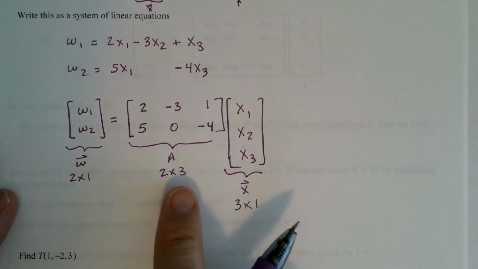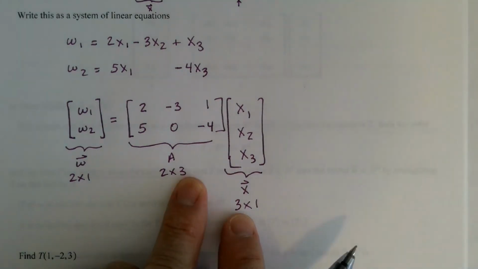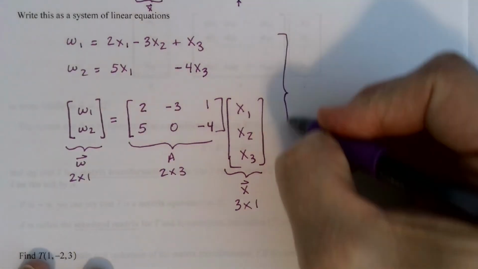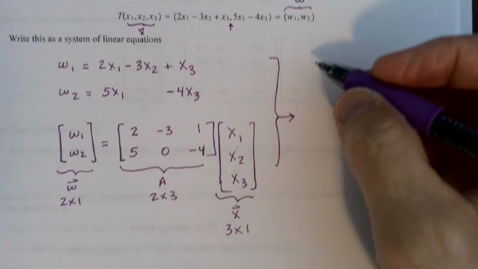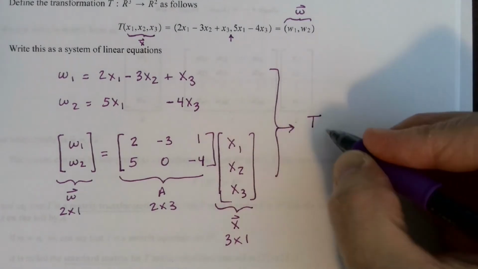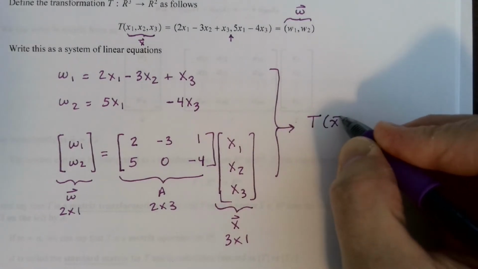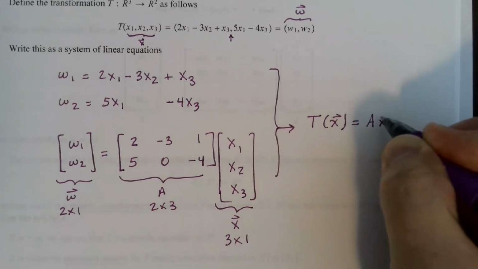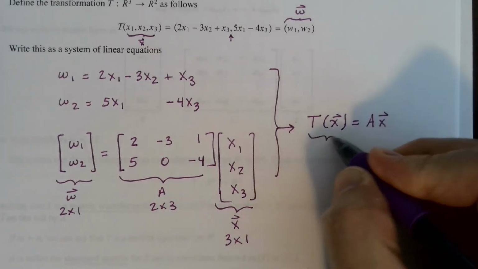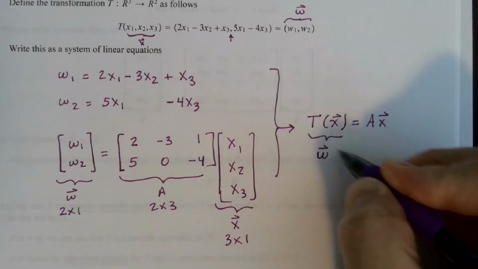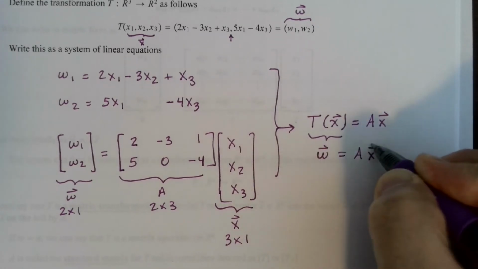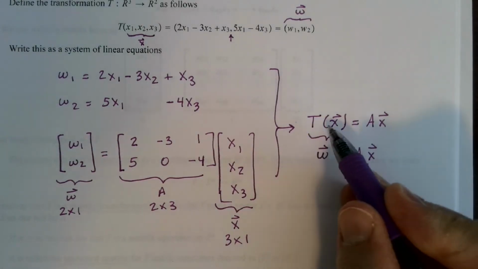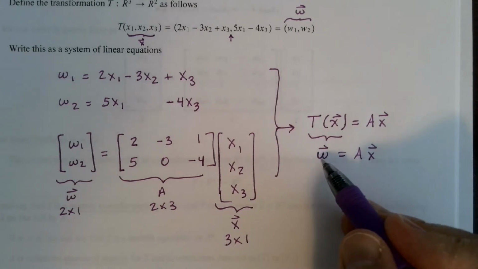So if I do this multiplication, these numbers again match. The resulting product is 2 by 1. And so this allows us to talk about this transformation up here as just T of x equaling just Ax, right? And T of x here I'm calling the vector w. So w is equal to Ax. There's sort of two ways, like the f of x notation. If you have f of x equals x squared, sometimes you just say, y equals x squared.